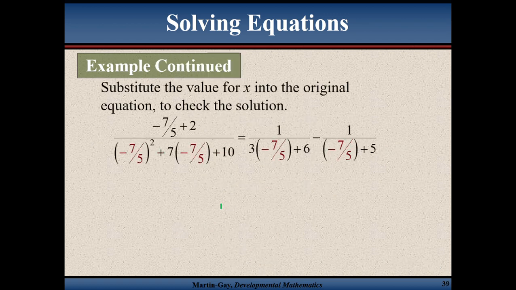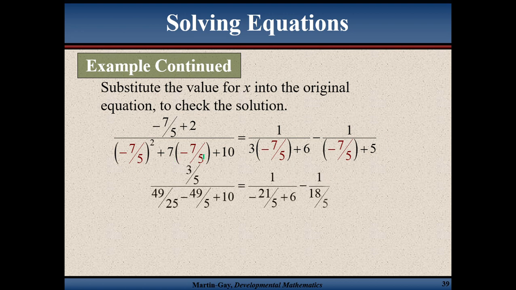Sinubstitute na natin lahat yan. Lahat ng value ng x sinubstitute natin, para ma-check lang natin. Paano nangyari to? Remember, papakita ko lang ha, pero i-erase ko rin. 7 over 5 plus 2 multiplied by 5 over 5.